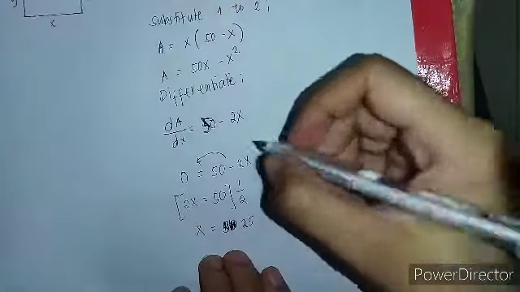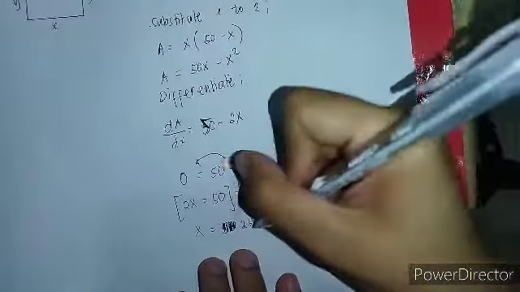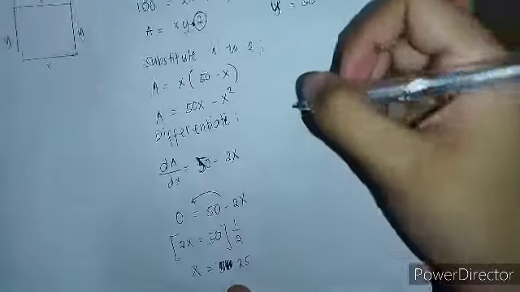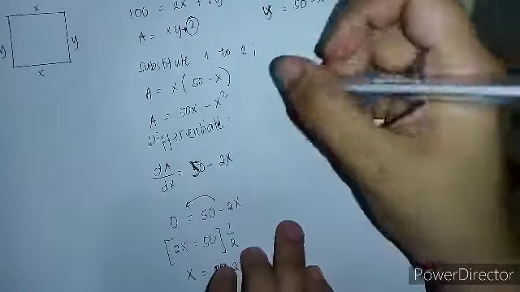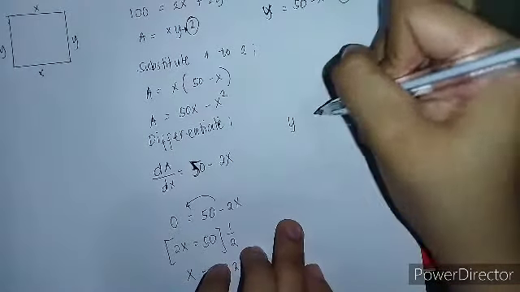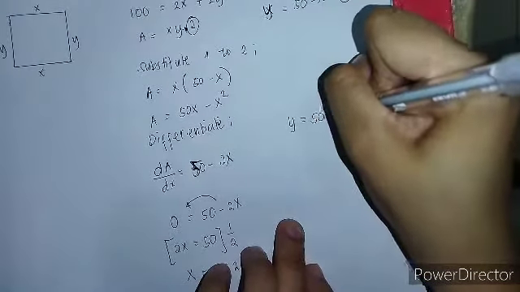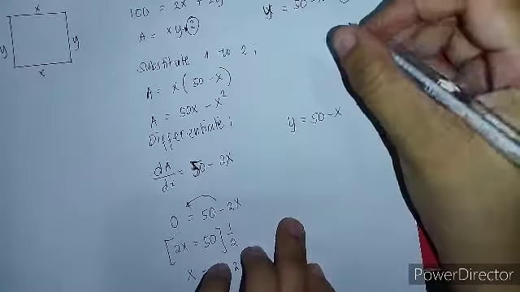Next is to get the value of y. We substitute the value of x into our first equation. So we have y is equal to 50 minus x.